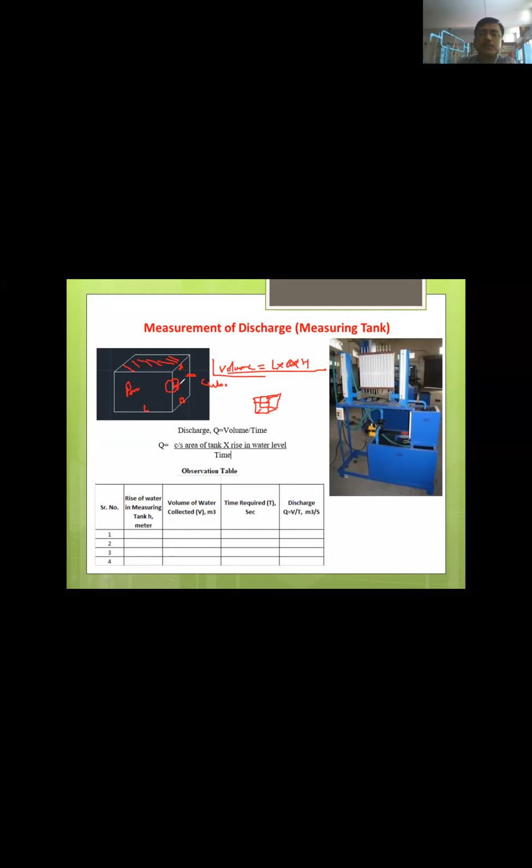Now suppose to fill some amount of volume in the tank, how much time has it taken?